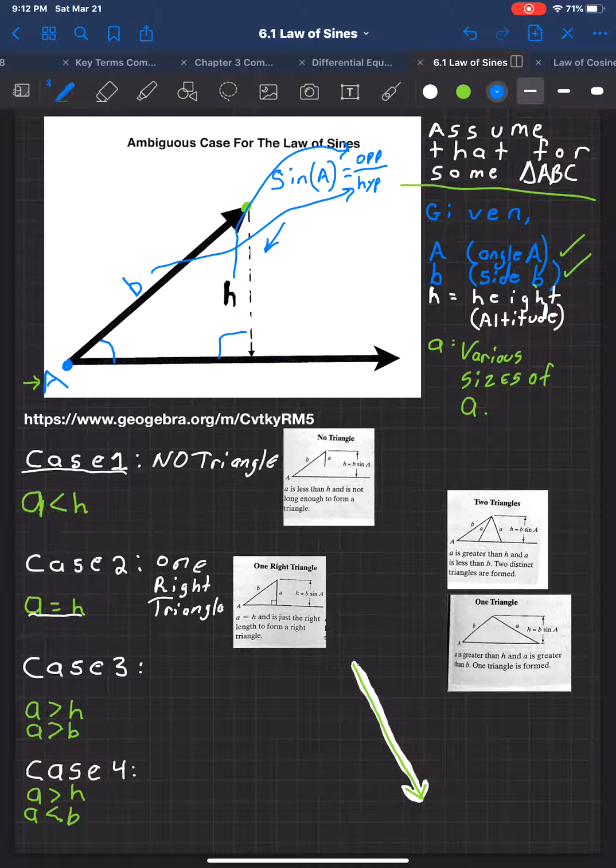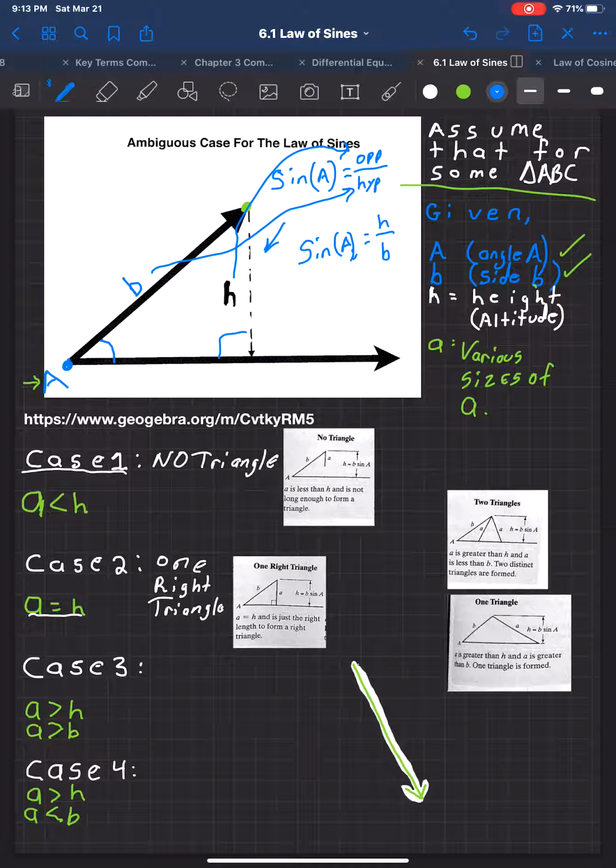Ready? Let's rewrite that. So sine of A is equal to, my apologies, opposite over hypotenuse, equal to h over b.